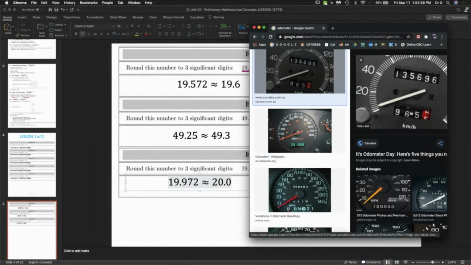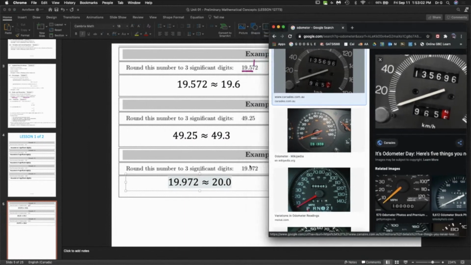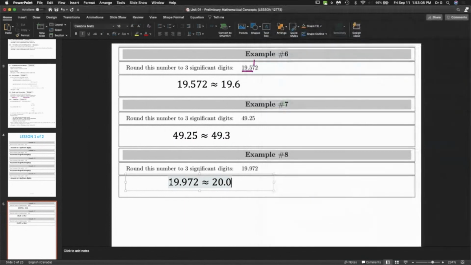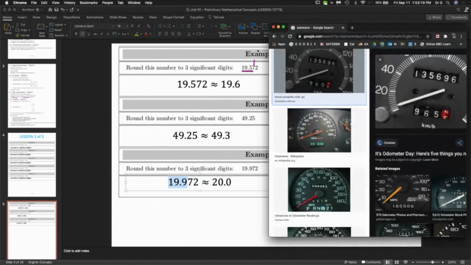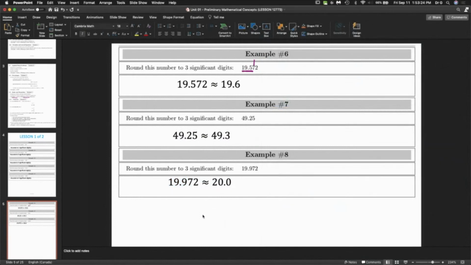That's what I think of when I see situations like this. Because it's 19.9, and I think about when I'm driving, what's the next number that's going to show up on my odometer? It's going to be 20.0. It's like when you go to the new millennium, like when you hit the year 2000. Anyway, it's a nice analogy for that kind of stuff.